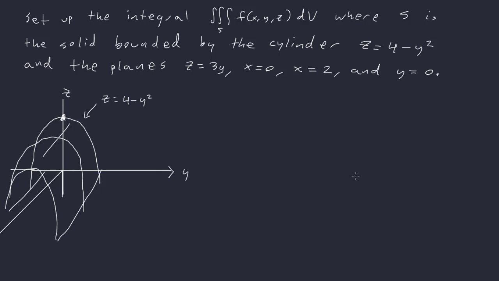Then if we think about this first plane, z equals 3y, that's actually a very similar idea. If we just graph that on the yz plane, z equals 3y is going to be a line.